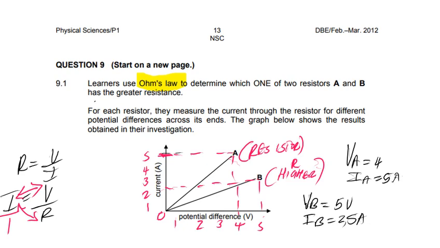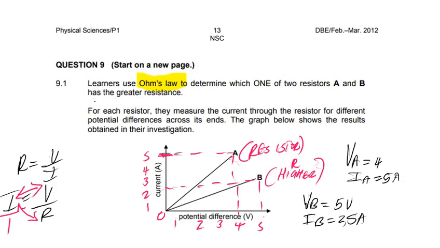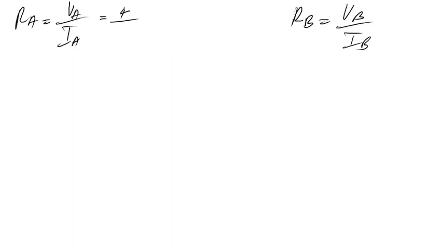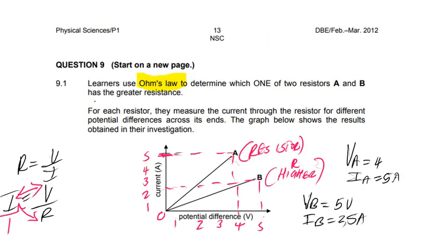So you're going to see what happens. RA is equal to 4 over 5, and RB is equal to 5 over 2.5. I'm just showing you how to calculate these things.